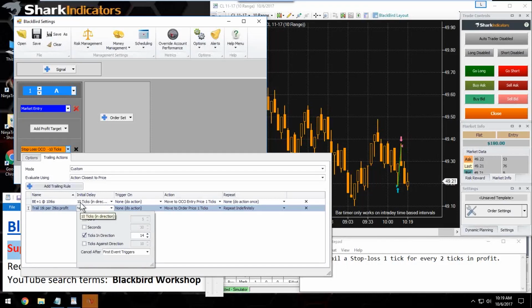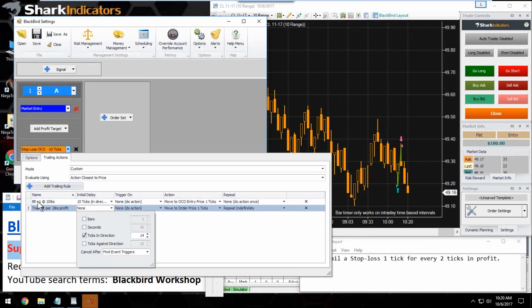That's essentially accounting for the plus 1 of the break even, so I'm going to wait for 12 ticks in profit.